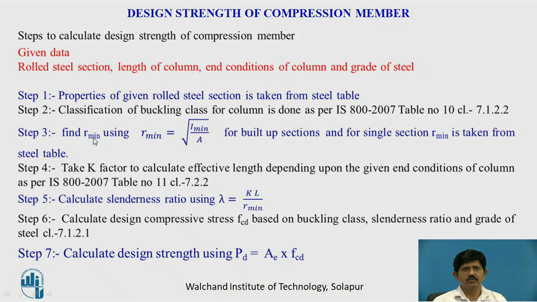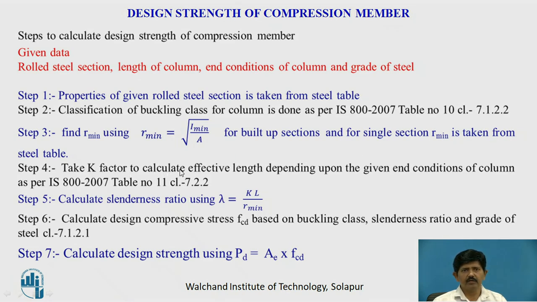Third step is to find the minimum radius of gyration. So r minimum can be calculated as r minimum is equal to under root I minimum upon area. This formula is used for built-up sections, whereas for a single section r minimum is directly taken from the steel table.